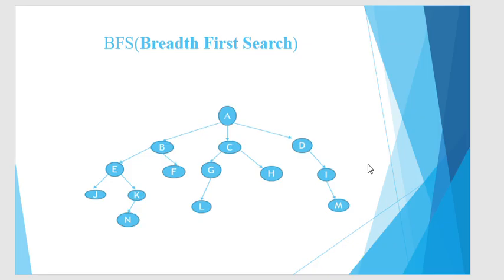Yes, it is. So what happens? We take its parent node pointer. Who is the parent of G? C. And who is the parent of C? That is A. So in this way, A, C, G, we define the path. This is when we want to search any particular element. But if we want to see all of them, then we run breadth first search in this way.